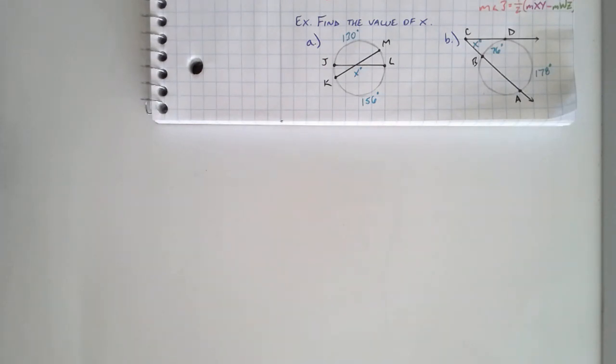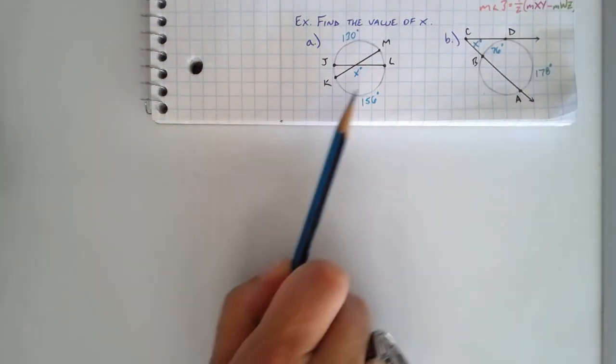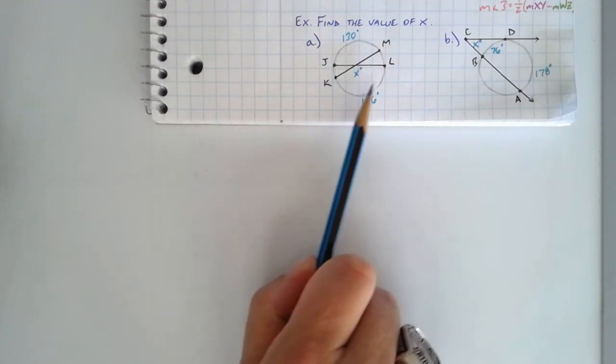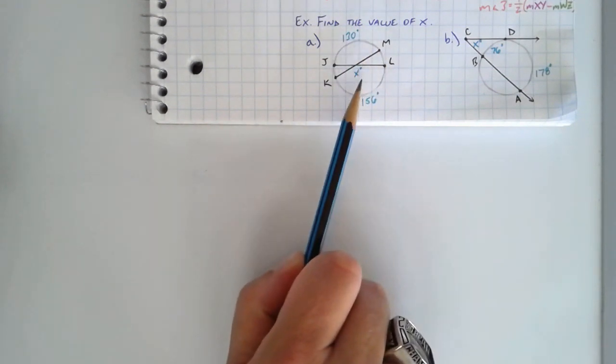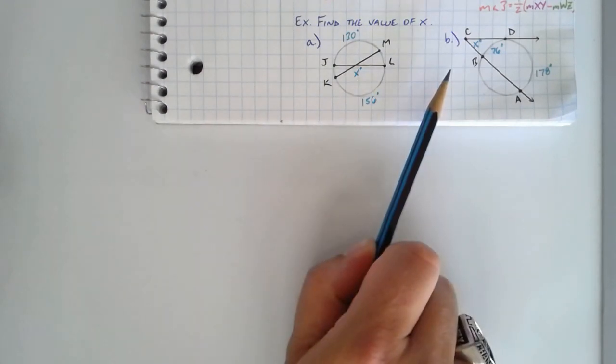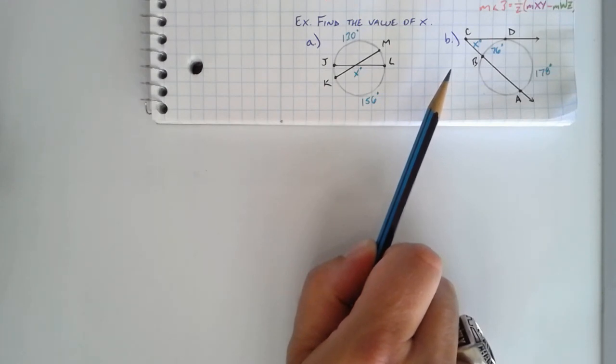This example, part A, over here on the left, the angle is quite obviously located on the inside, the interior of the circle. So that's going to dictate which formula I use. Part B obviously looks a lot different. The angle is quite obviously outside of the circle, which again will dictate which formula I use. As long as I know where the angle is located, I know what formula I have to use, and then just plug in the stuff I know, solve for the pieces I don't.